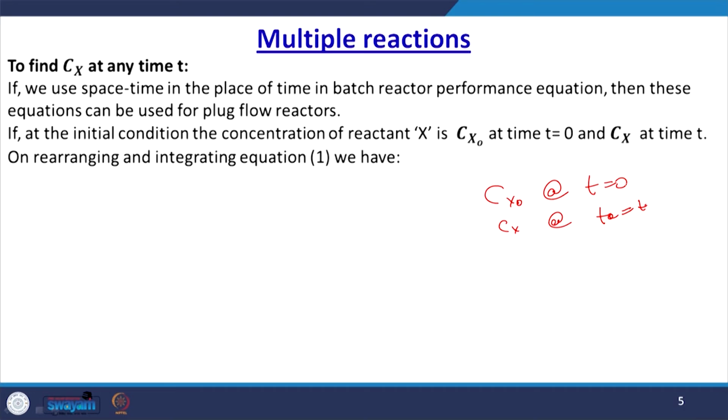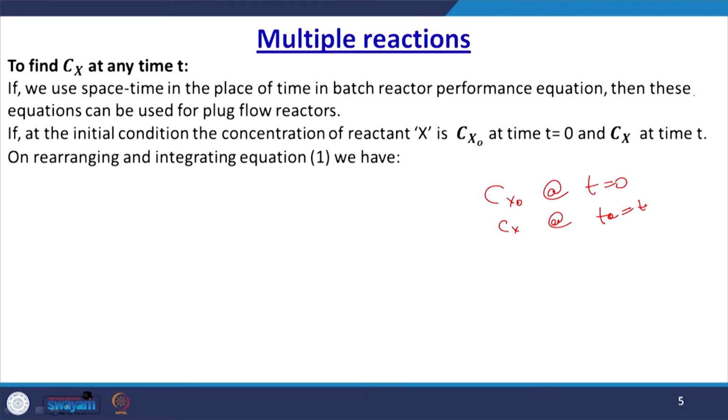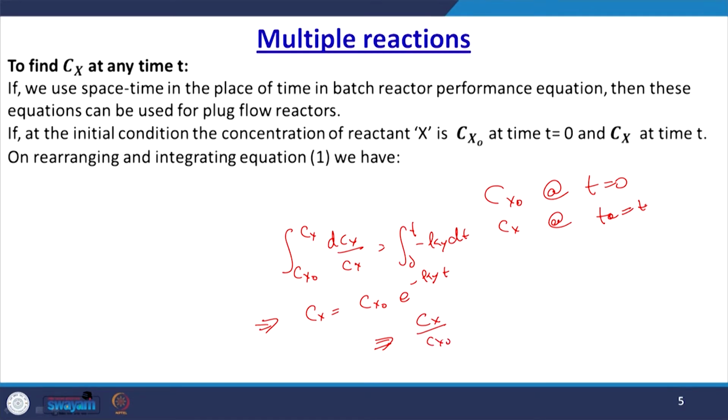If we rearrange and integrate the equation which we discussed in this slide, then we have the integral from Cx naught to Cx of dCx/Cx, with time from 0 to t, equal to minus kx dt. So Cx is equal to Cx naught e to the power minus kx t, or Cx upon Cx naught is equal to e to the power minus kx t.